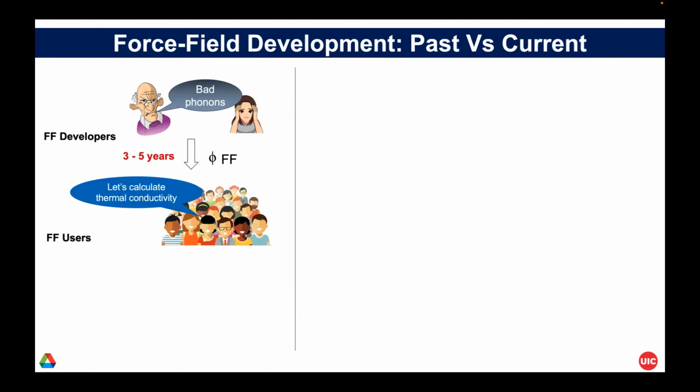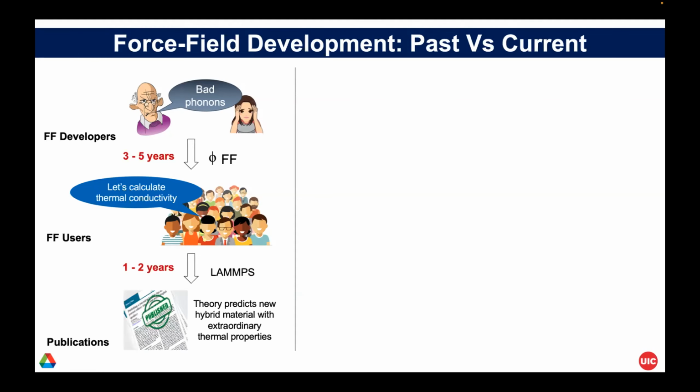And then if some people in the community tend to use it for other properties, like say thermal conductivity, in case of having bad phonons, it would come up with a superficial result after a certain number of years. Even the life cycle of it is about 4 to 7 years, which would make it difficult to iterate or accelerate the development of materials.